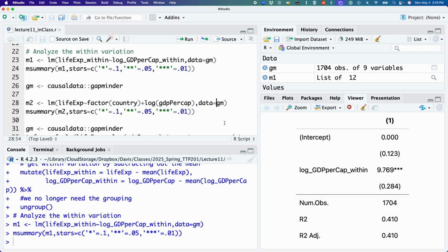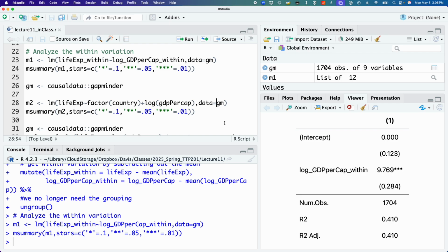You can see the difference between line 28 and 23 is instead of looking at the demeaned version where you've taken out all of the between country variation, instead we include this additional variable factor country, which is including each country as a dummy variable, right? And that's the alternative way of doing this one-way fixed effects plus our log of GDP per capita.